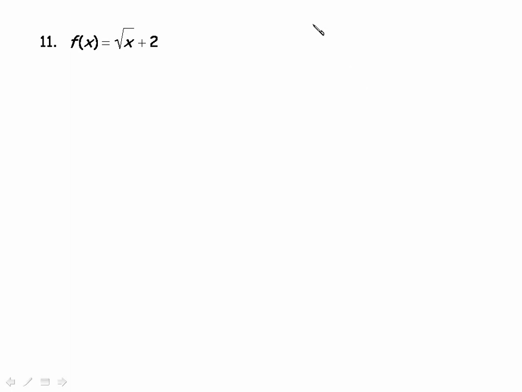Similar with number 11. Now the domain is not a problem because it's the square root. So the root of x tells me that x must be greater than or equal to 0.